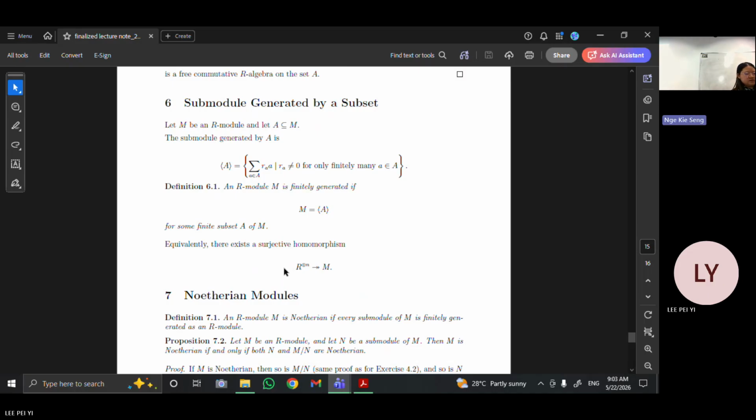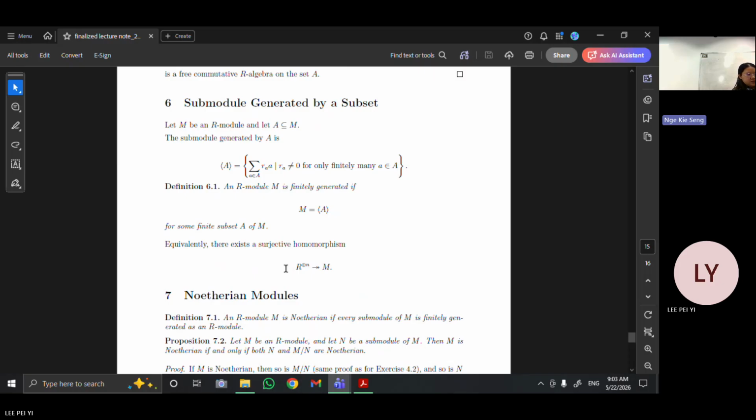And next one, the submodule generated by a subset. We let A be a subset of M, and the submodule generated by A is the set below.